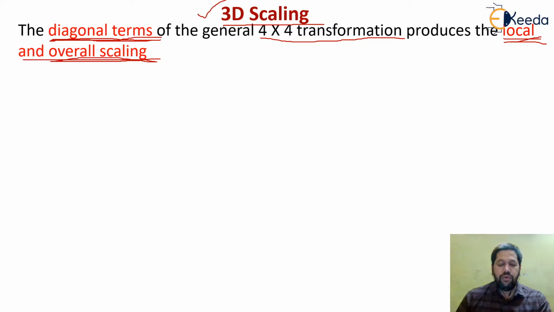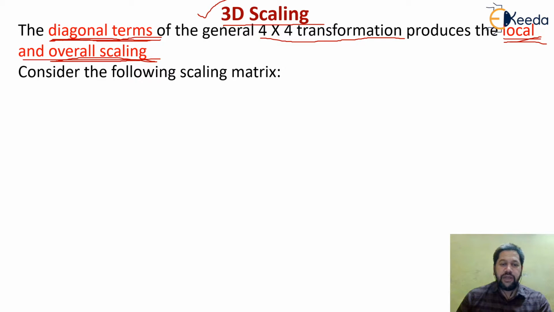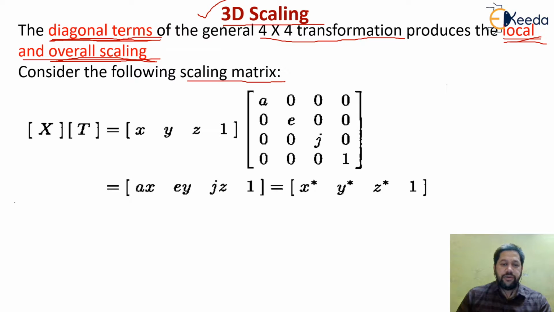Now we will directly consider the scaling matrix. Let us consider what should be used as the scaling matrix, which is shown over here. X is my original object, which is represented as x, y, z, and 1. And this is my three-dimensional scaling transformation matrix.